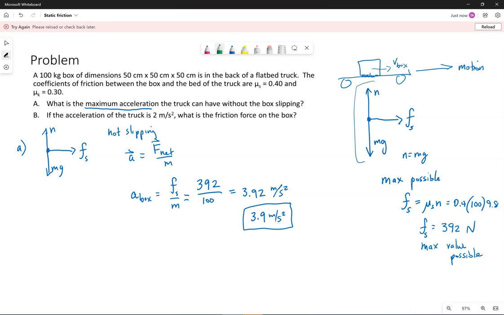Part B, if the acceleration of the truck is 2, what is the friction force on the box? Well, this acceleration we just calculated represents the biggest the acceleration can be. So 2 meters per second squared is smaller than that.